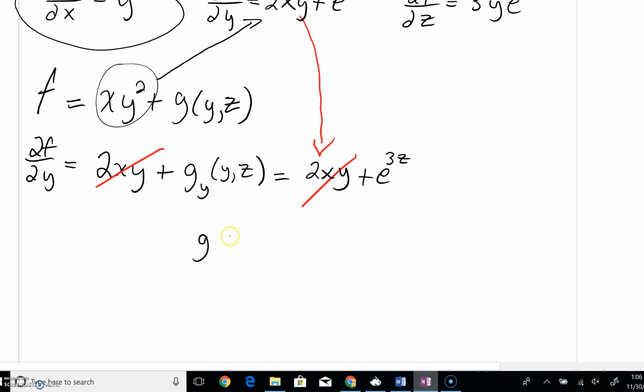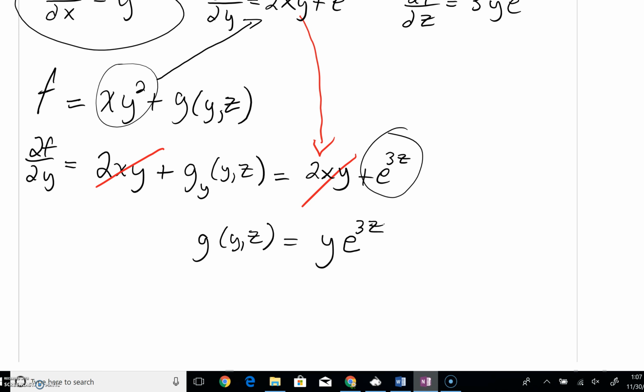So I'll have g of y comma z. And I'm going to say, what's the antiderivative of e to the 3z with respect to y? And I think we'll all quickly say that it's y e to the 3z. And we could quickly take a derivative with respect to y to check if we did it right.